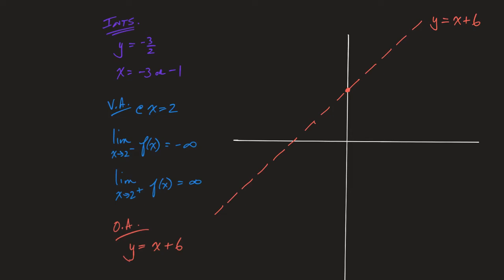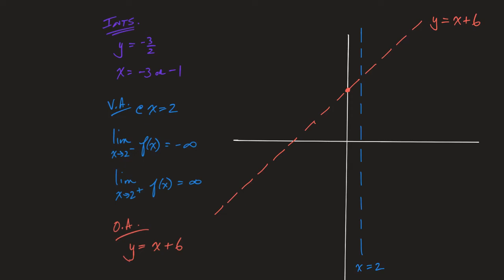That's going to affect where I position my vertical asymptote of x equals 2. So now I'm going to be a lot closer to that x-axis. And so maybe this then becomes my vertical asymptote at x equals 2.